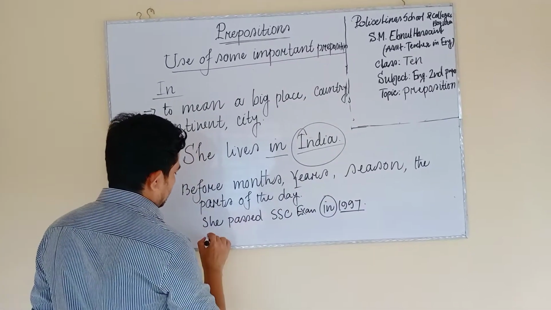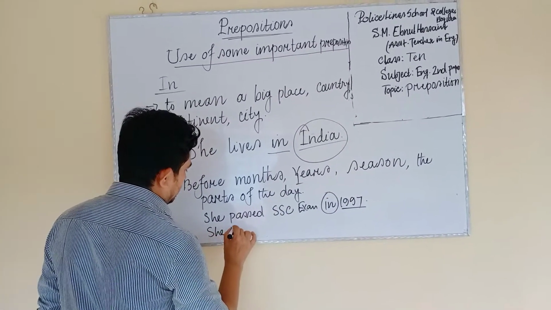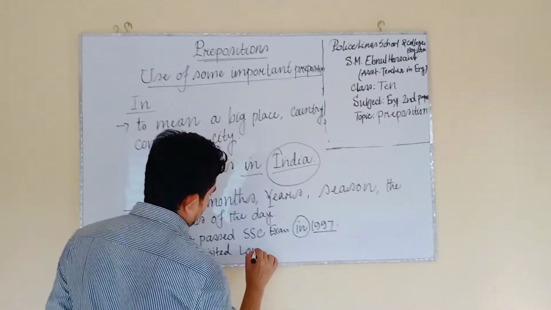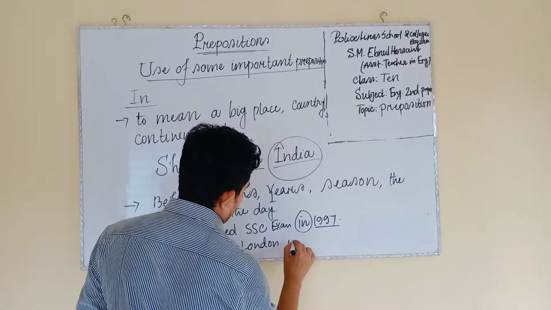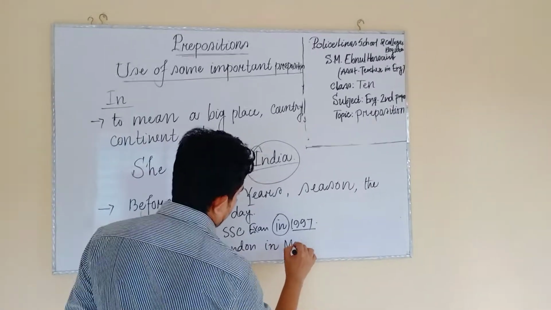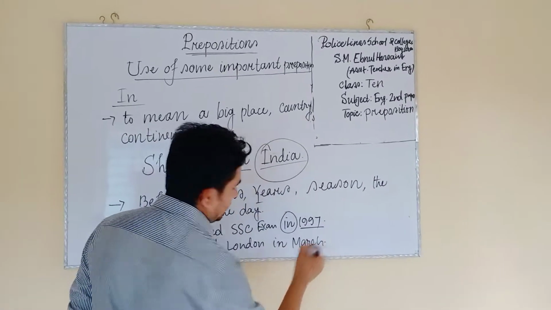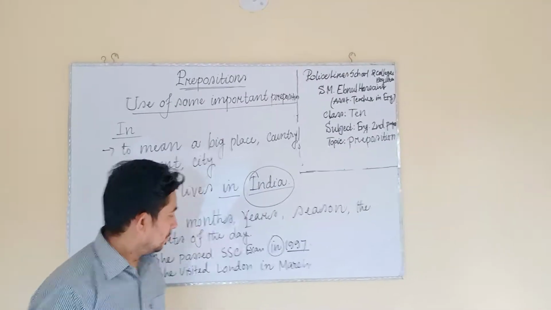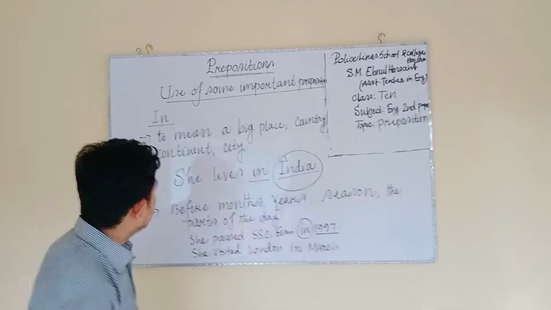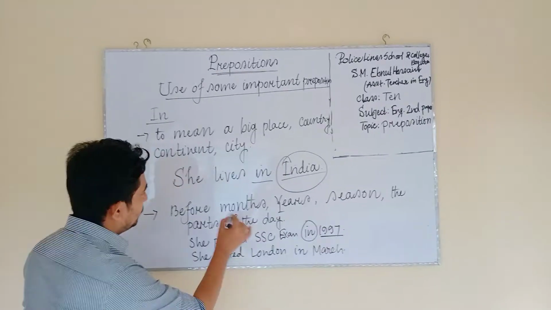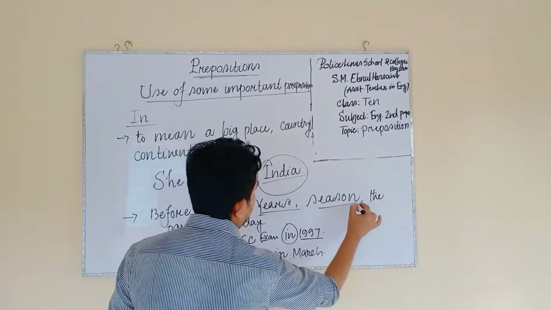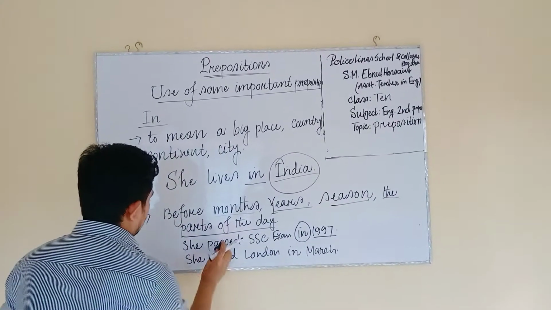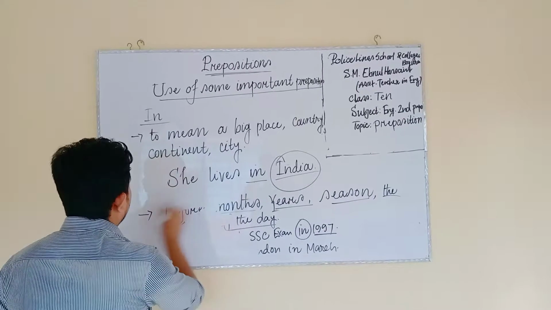Another, month: she visited London in March. So we can see that in is also used before months, years, seasons, or the parts of the day. So let's go to another preposition.